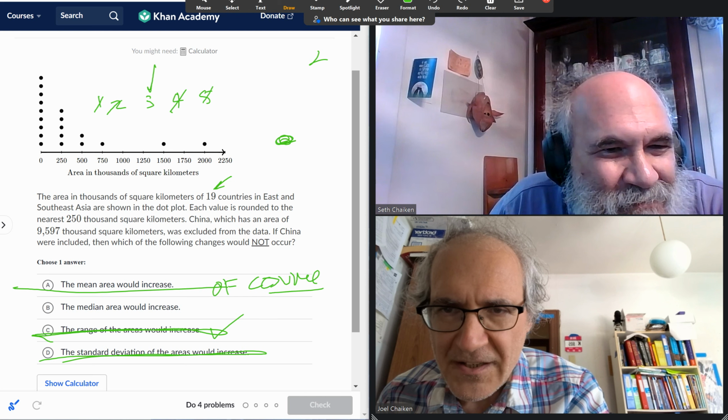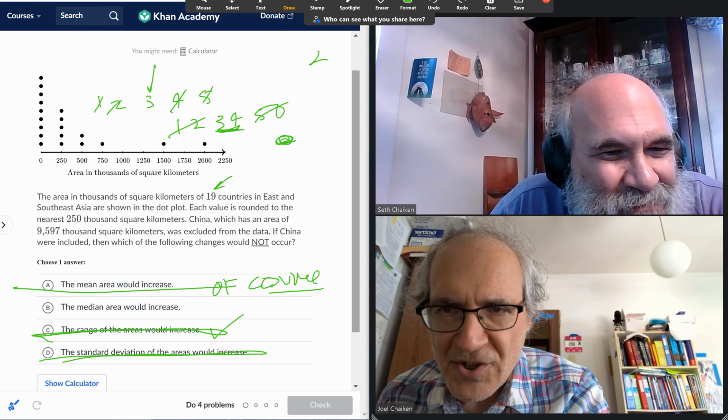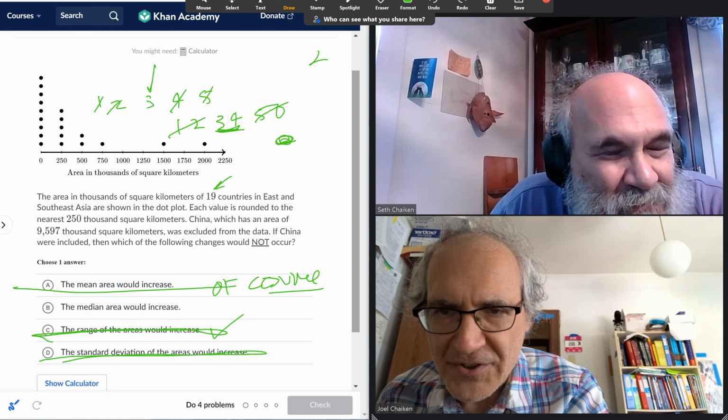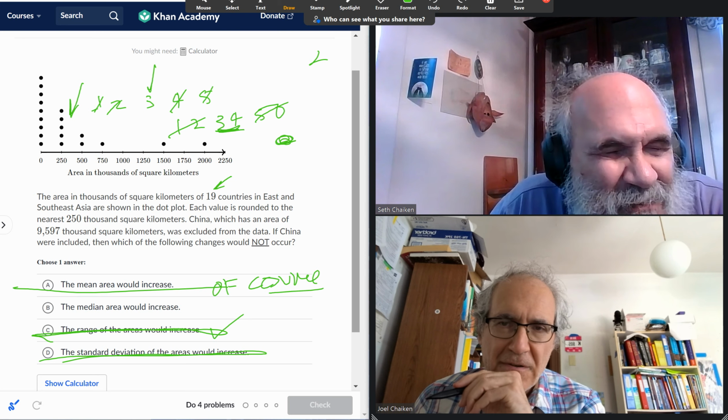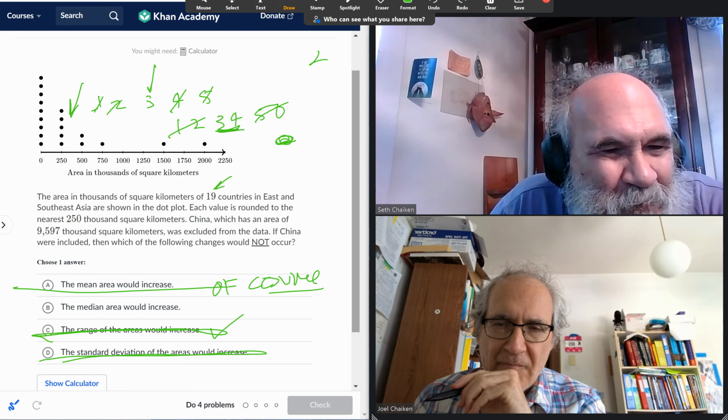If you add 20 to it, then you have an even number. And if you have an even number, you have to take the average of the two. So don't we have to check to make sure that the middle number here is somewhere in here where if you take the average it doesn't change? Right? Oh, yeah. We have to be careful.